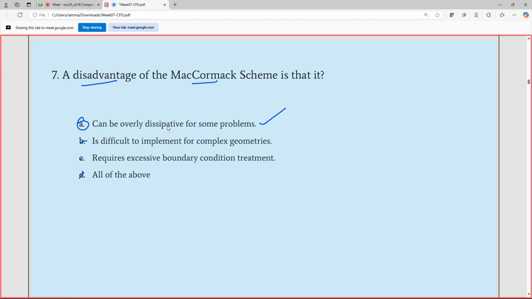So this inclusion of dissipative property by the predictor as well as the corrector steps makes the McCormack scheme overly dissipative for some problems. That's a disadvantage of this McCormack scheme.